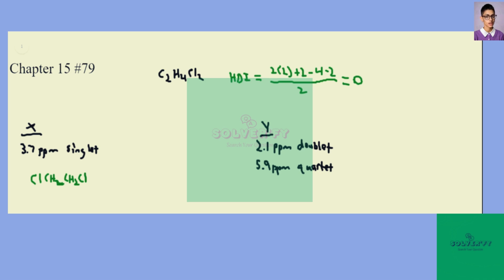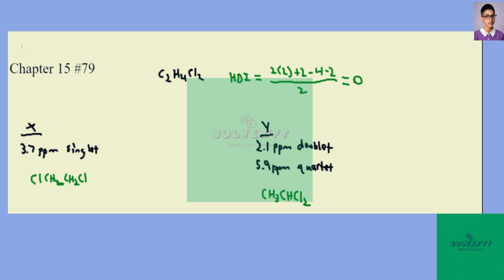Then looking at Y, there's really only one other possibility that we can make, since this formula is so small, only 2 carbons. To get 2 signals, the hydrogens on each of the carbons have to be non-equivalent, and the only way we can really draw that is like this.